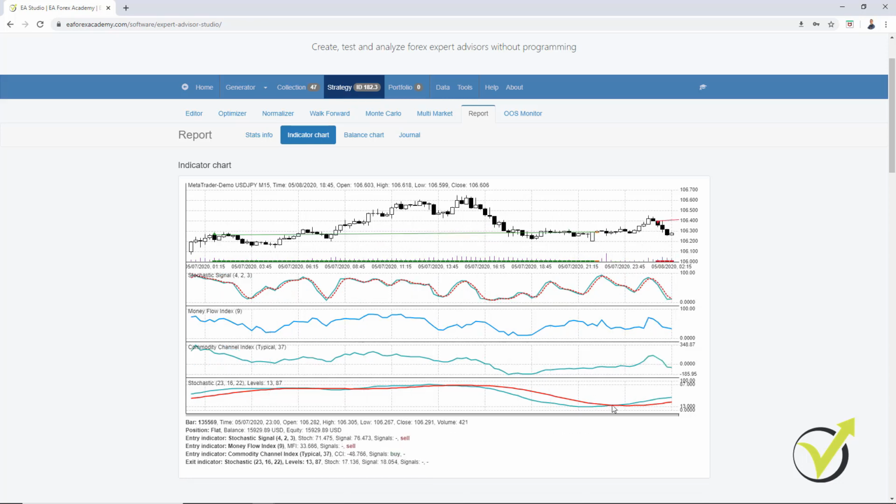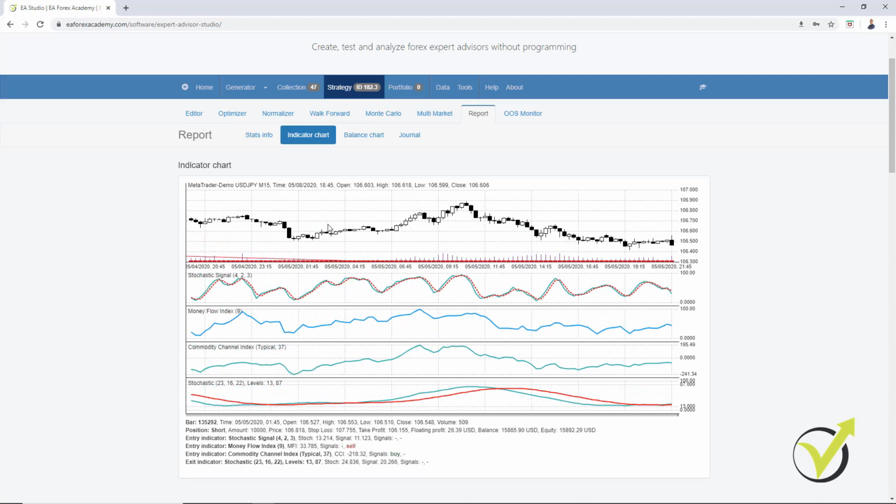The stochastic line crossed the level line upward right at this moment and the trade was closed. Let's have a look at a short trade.